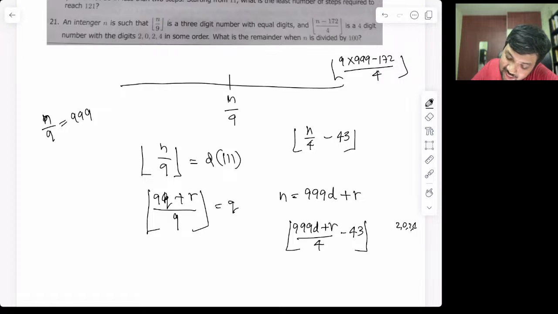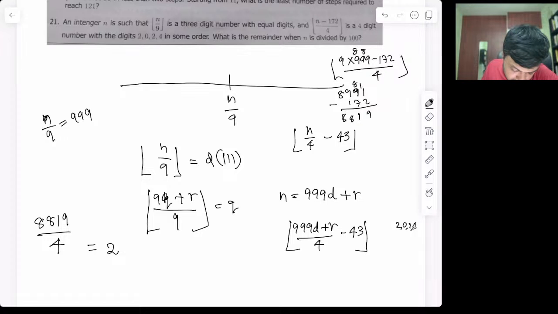It's 8991 minus 172, so 8819, divided by 4 is 2204. Oh, I see, it does. Okay. Alright, so you're right.